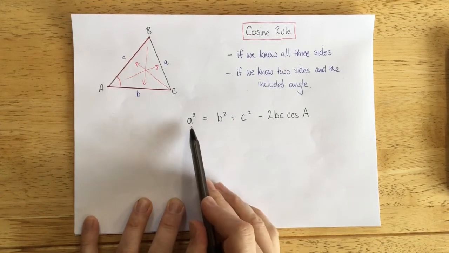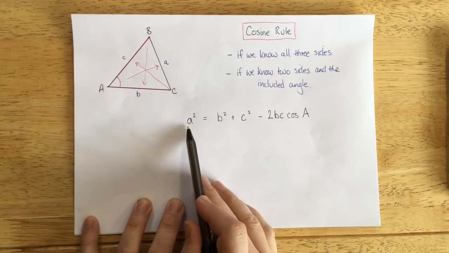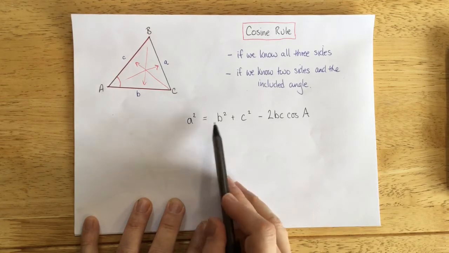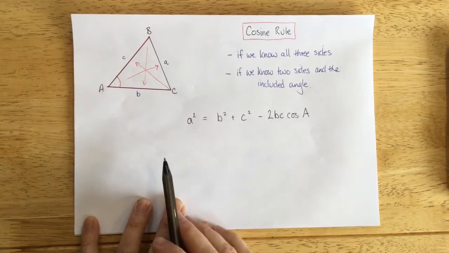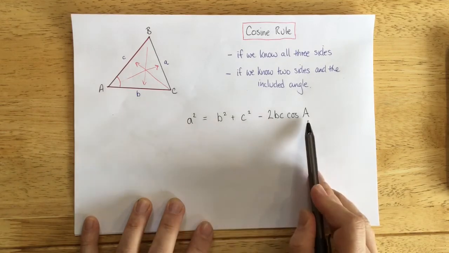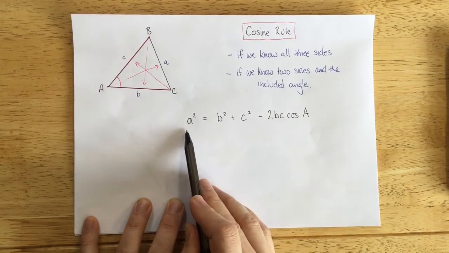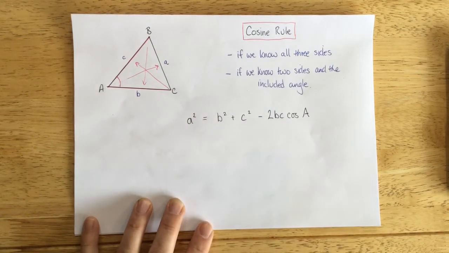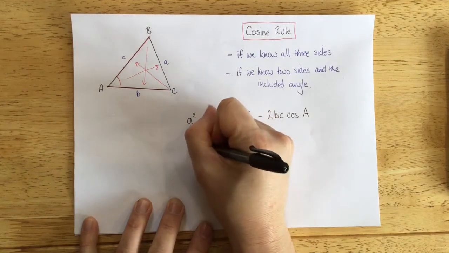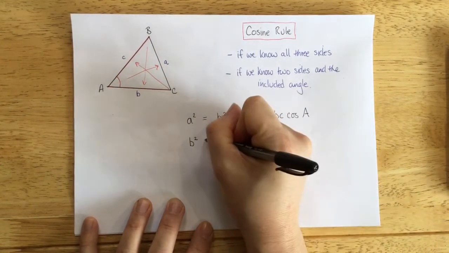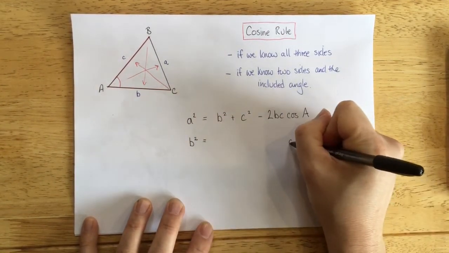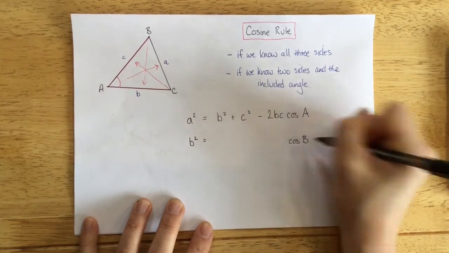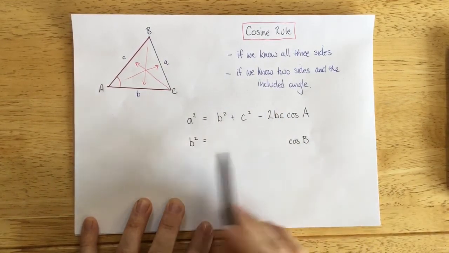If I wanted to find side A, we use the cosine rule using a squared equals such and such. If we want to find angle A, we still use the same formula, which begins little a squared equals. But if I wanted to find side B or angle B, I'd have to use a formula that started with b squared, and it would end with cosine B. They start and finish in the same letter.